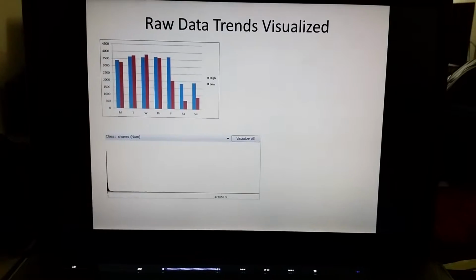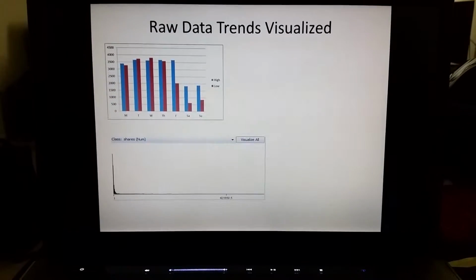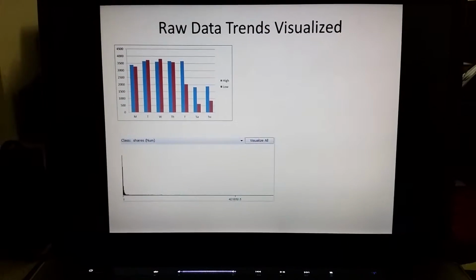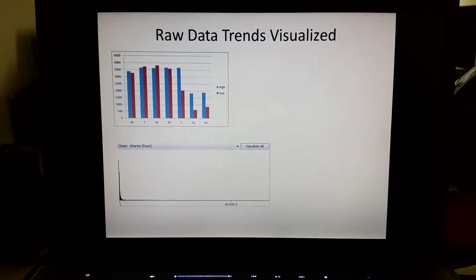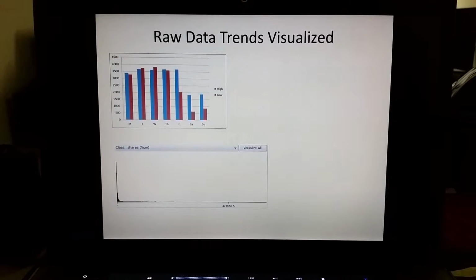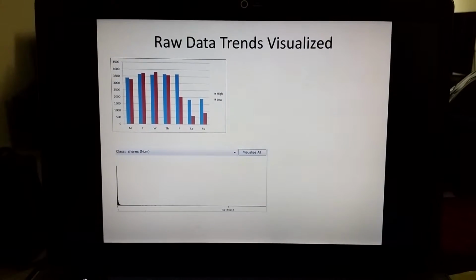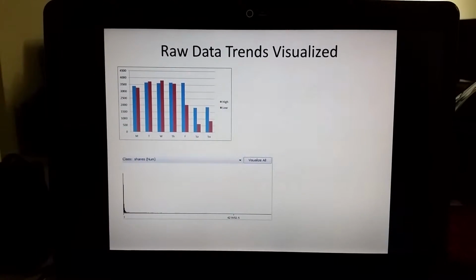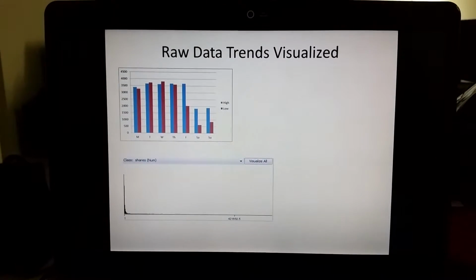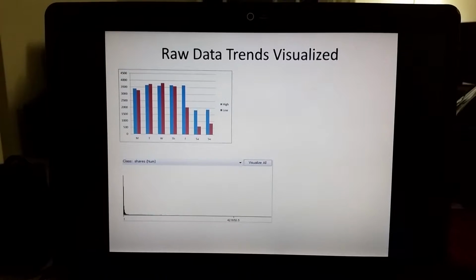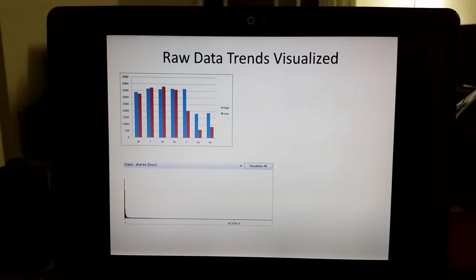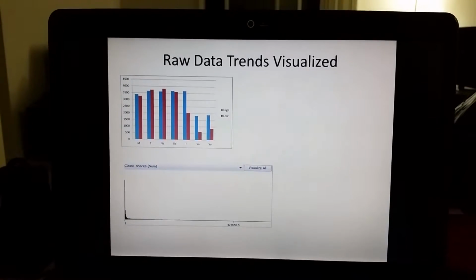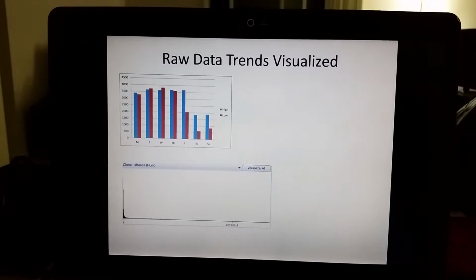This is a visualization of the data trends that I was just speaking about. We can see in the first graph that the articles published on weekdays are producing some extreme outliers in the shares, but still you can see the difference between the low popularity articles and the high popularity articles is greatest on Saturday.